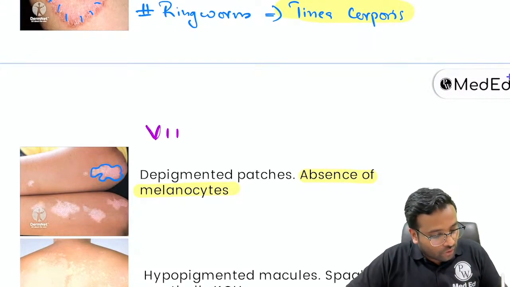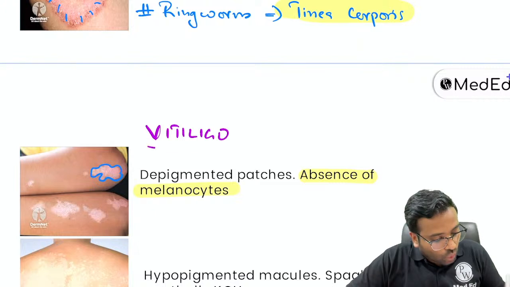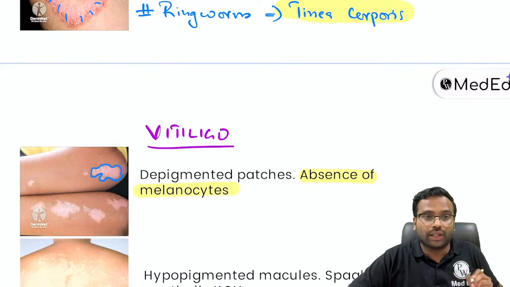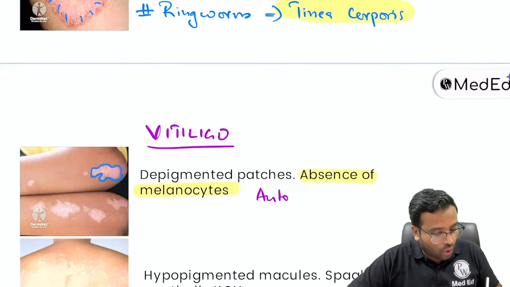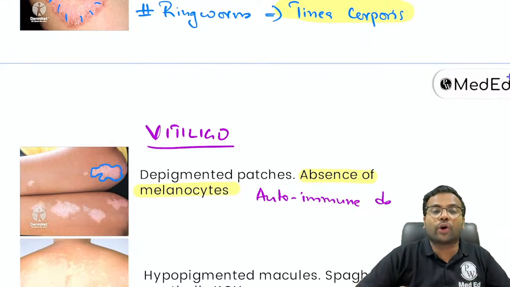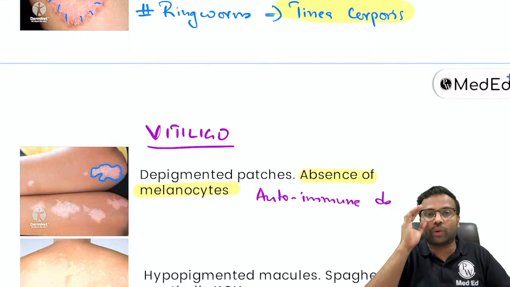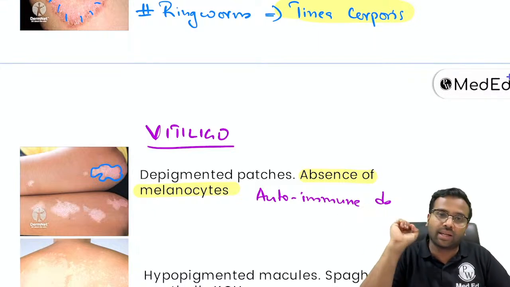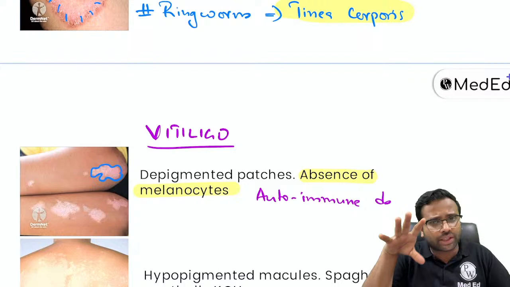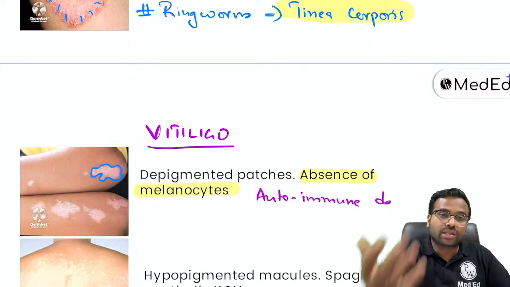Excellent. So this is vitiligo. Vitiligo is an autoimmune disease. So there is an autoimmune destruction of the melanocytes. That is the reason why the patient would end up with depigmented skin lesions. Clear? And vitiligo has also been asked in your exam.